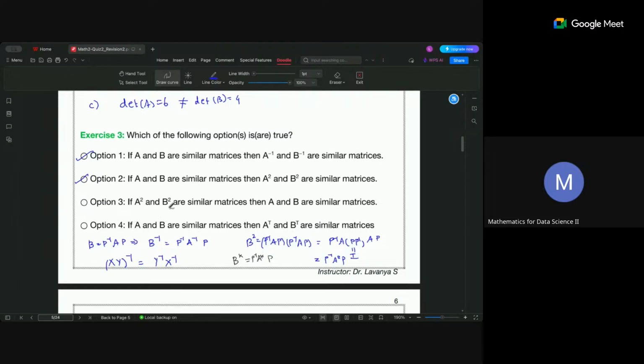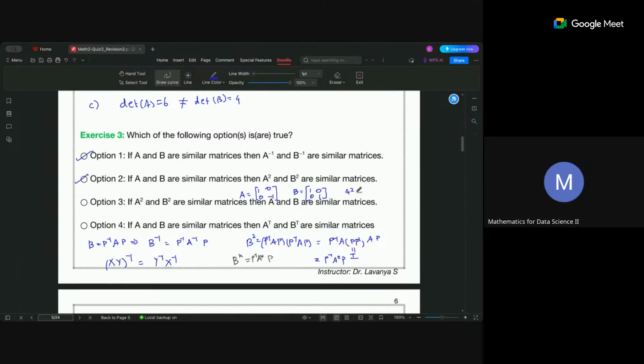What about the next one? If A square and B square are similar, then A and B are similar. Is it true? False, ma'am. Can you give some example? This is easy. Let us say A is equal to 1, 0, 0, minus 1 and B is equal to 1, 0, 0, 1.